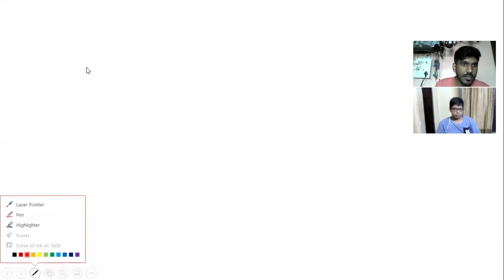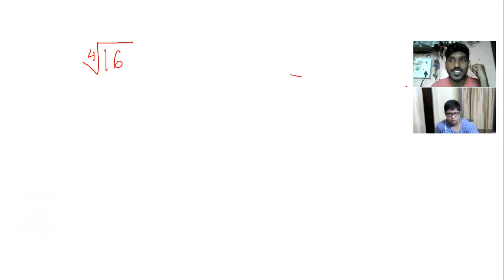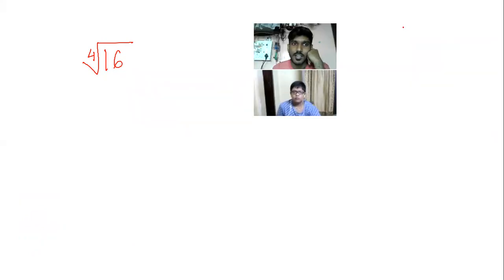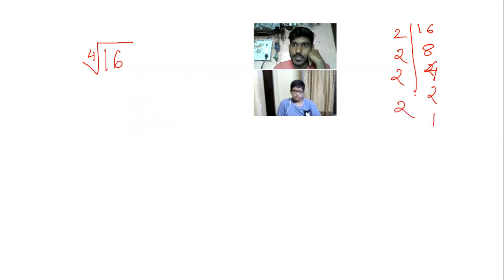Next one is fourth root of 16. Is this a surd? Yes, it is a surd. Yes, sir. Can you think? Let's start by finding prime factors of 16. 2 eights are 16. 2 fours are 8. 2 twos are 4, and 2 ones are 2.